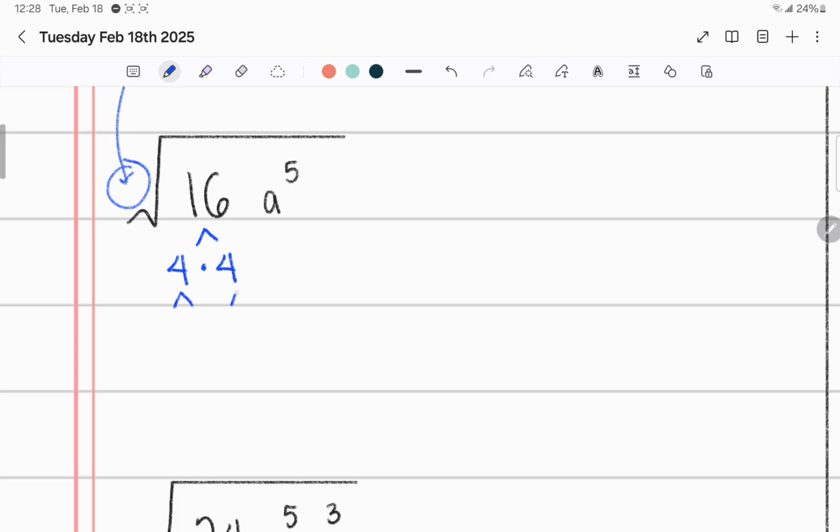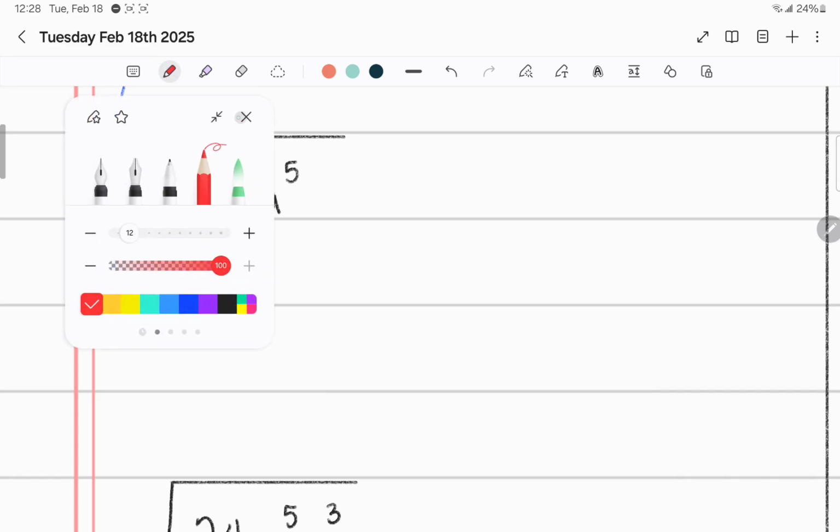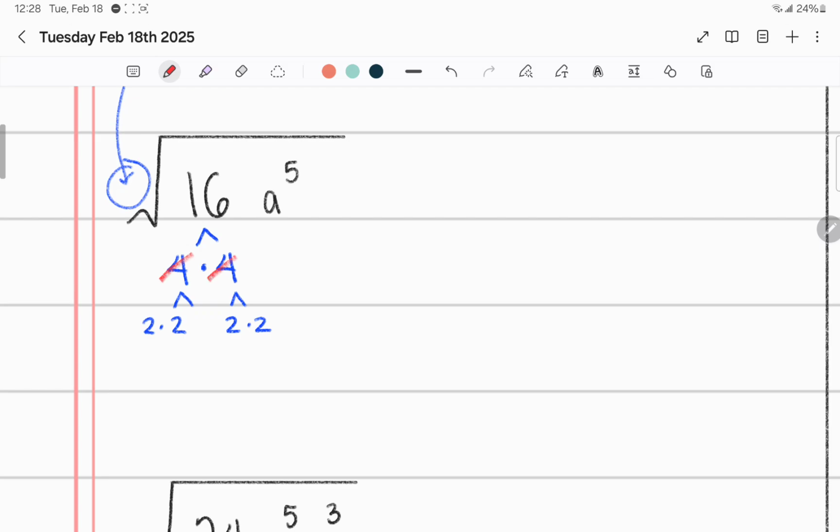And I'm going to trade out the 4s for 2 times 2, 2 times 2. Cancel out the numbers that you already broke down because we don't want to double count the 4s. I traded out the 4s for 2 2s and 2 2s. And then we have 1, 2, 3, 4, 5 A's.